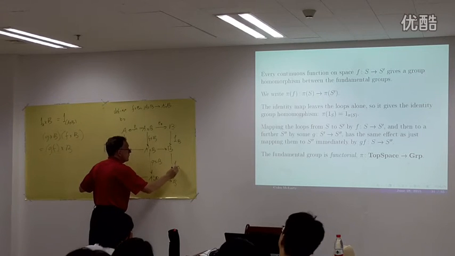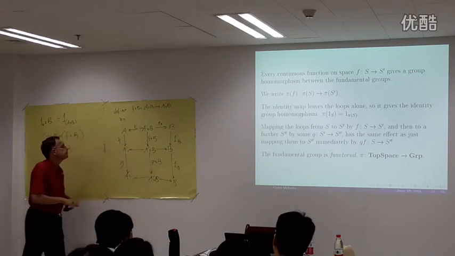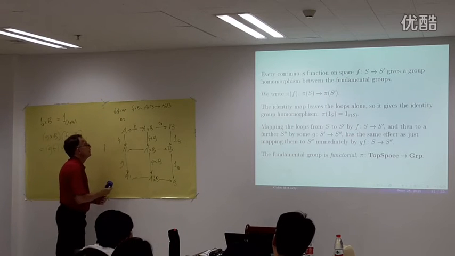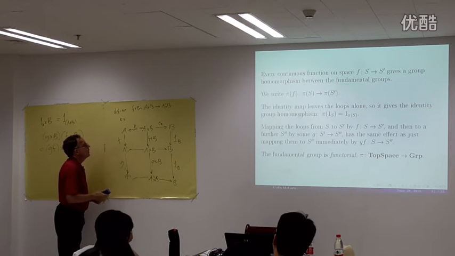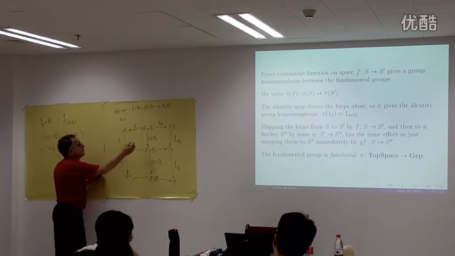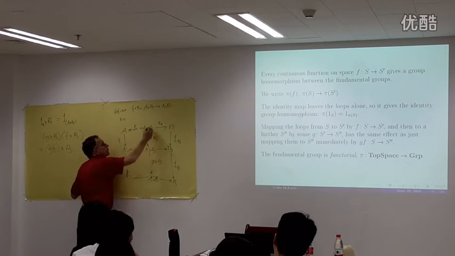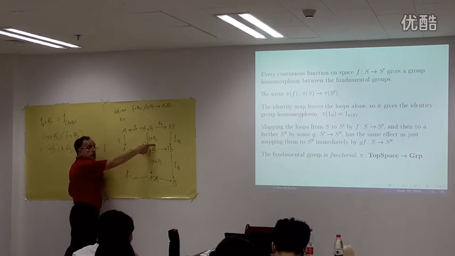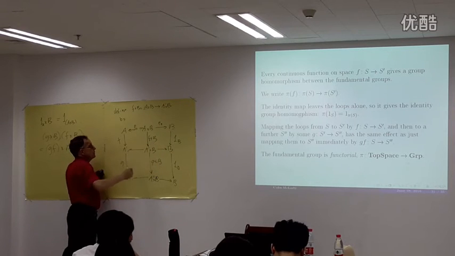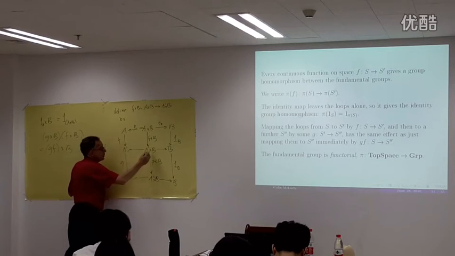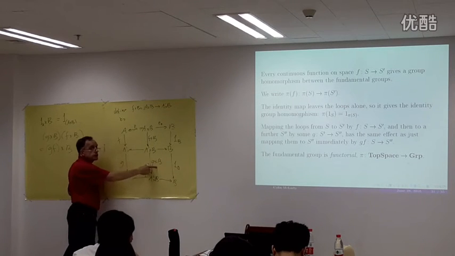Also identity on B. We know that this composite is the same as that. Going this way is the same as going that way. And going this way is the same as going that way. That's our definition of F cross B. We know that going this way is the same as going that way. And going this way is the same as going that way, that's our definition of G cross B.